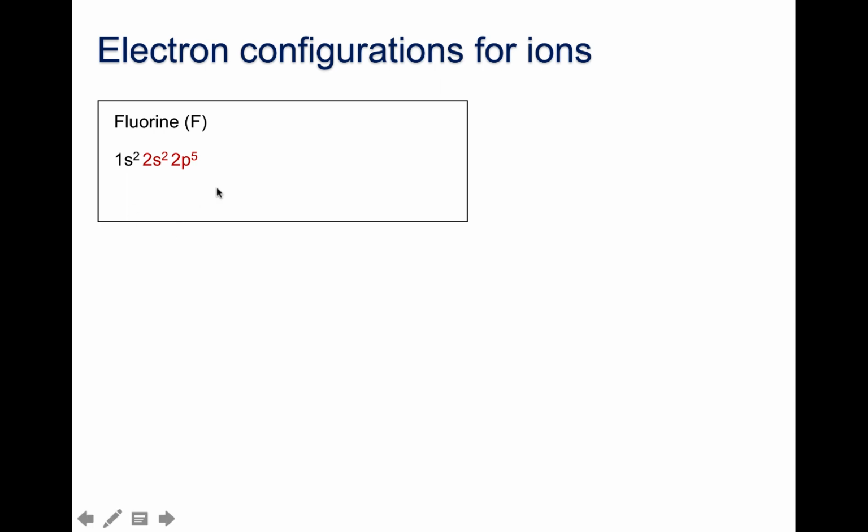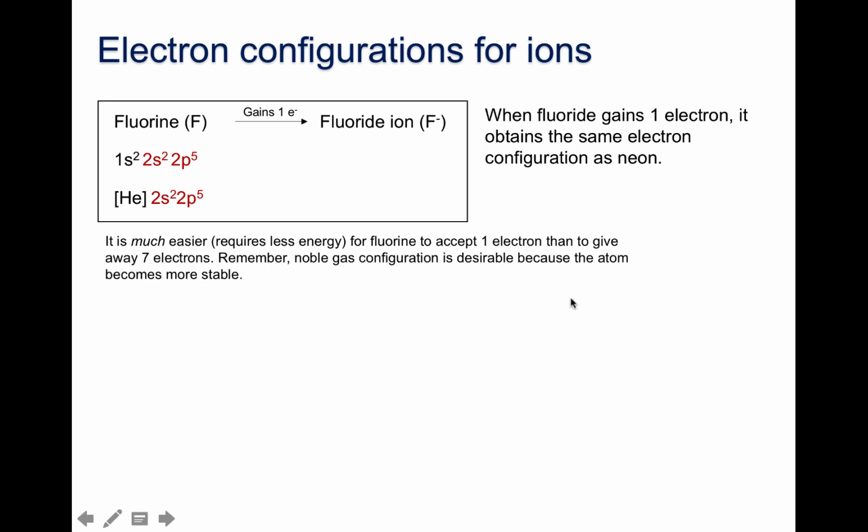When it fills the 2p sublevel, it's going to have the same electron configuration as the noble gas neon, which is directly to the right. And so fluorine prefers to gain one electron to form the fluoride ion. When it does that, it has the electron configuration that is exactly the same as that of neon.